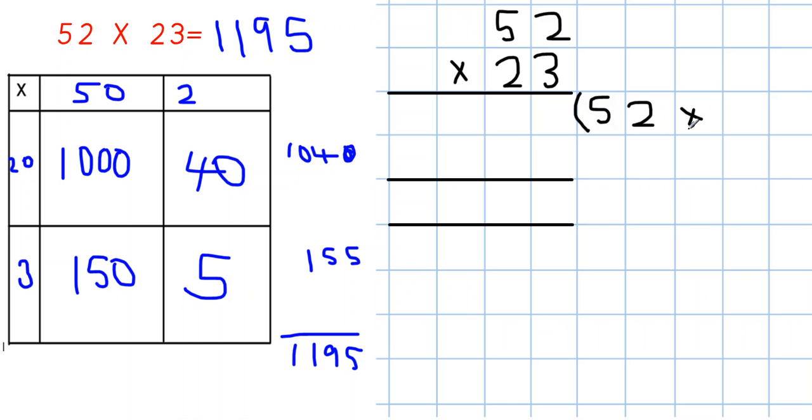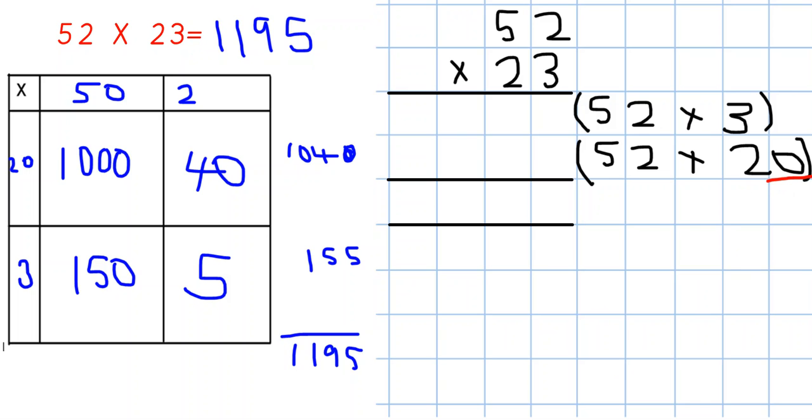Remember, I start with the 3 with the units place, multiply by 3. And this row is 52 multiplied by 20. And it's that 0, isn't it, that we really need to think about. The 20, that 0 is the one we really need to think about.